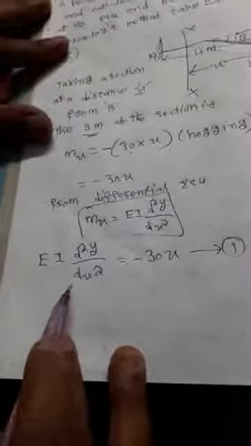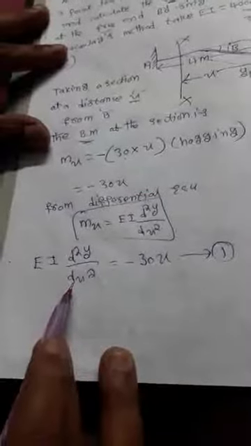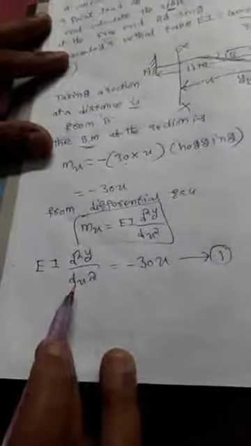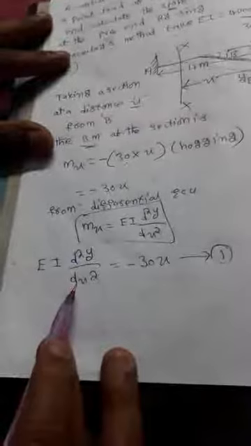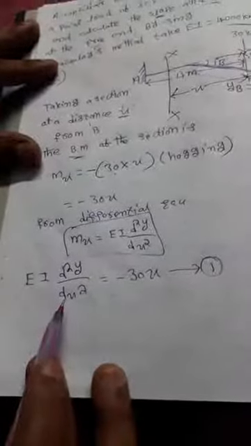So this is one equation, and it can help us find the maximum deflection and maximum slope. After integrating this equation you get constants of integration, then after applying the boundary conditions you get the values of the constants.